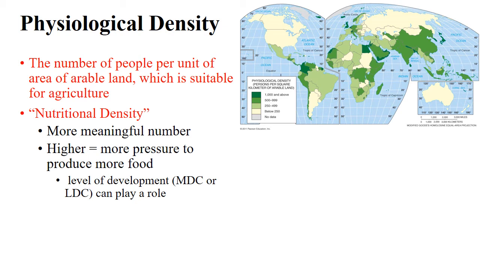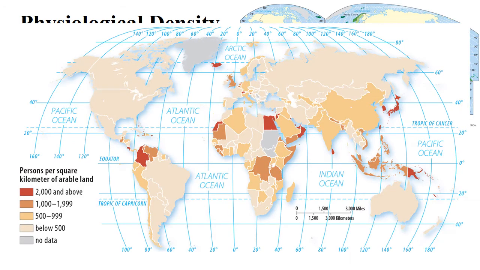A large difference between the arithmetic density and physiological density means that only a small percentage of the total land area is able to produce food, right? Egypt is a great example of this. You can see Egypt in red on this map, right? Showing that it has more than 2,000 people reliant on each square kilometer of farmland.